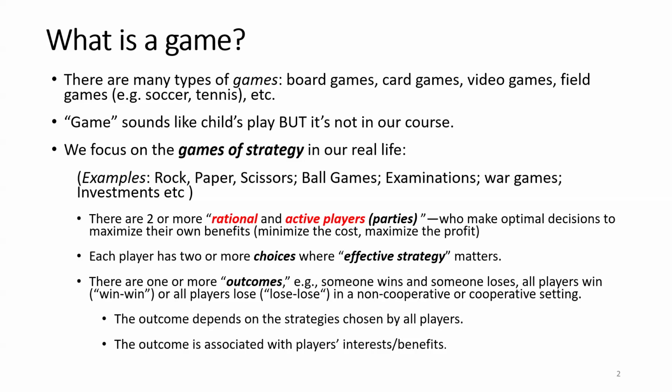But if B is rational, $0.1 is better than nothing, right? But normally, in reality, in real life, B considers this division unfair, so although B would receive $0.1, B will reject the division and both will receive nothing.